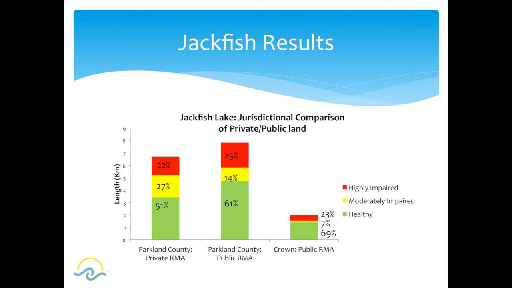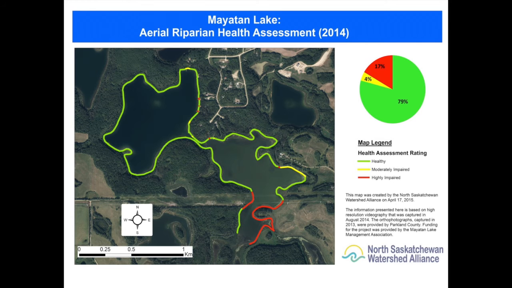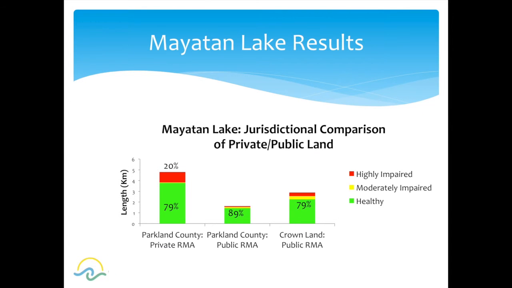This is public property that's owned by the county, because there are only 2 jurisdictions on both Mayatan Lake and Jackfish Lake: Parkland County and the Crown. This is Parkland County, 61%, still better than the private property. And this is Crown land, 69%, still better than private property. This is Mayatan Lake, and these are the results. 79%, not as good as 89, and about the same for Crown land.